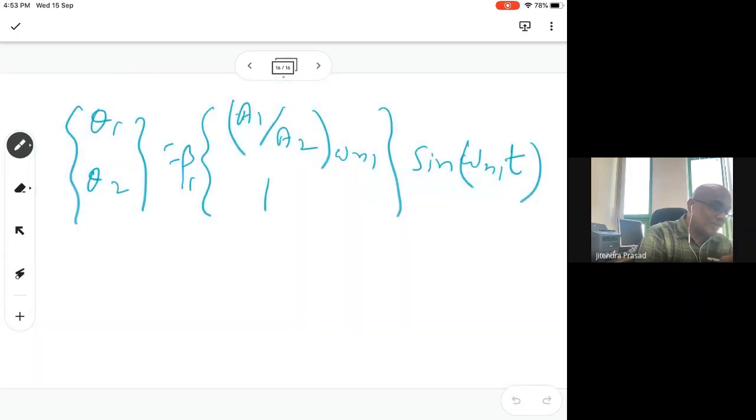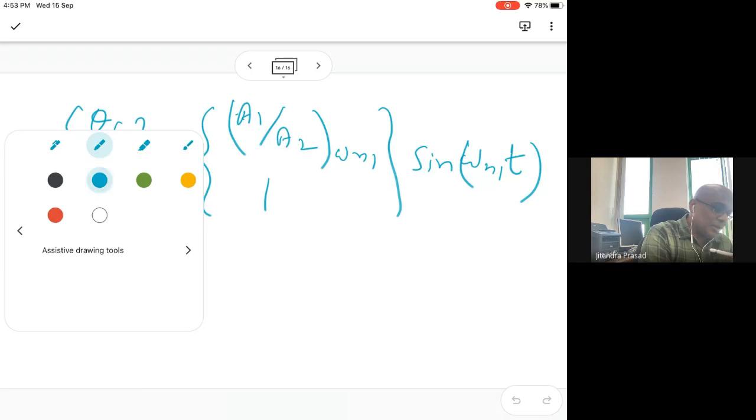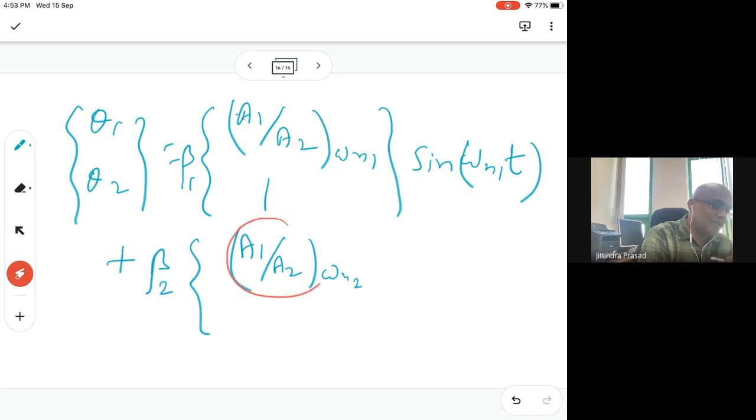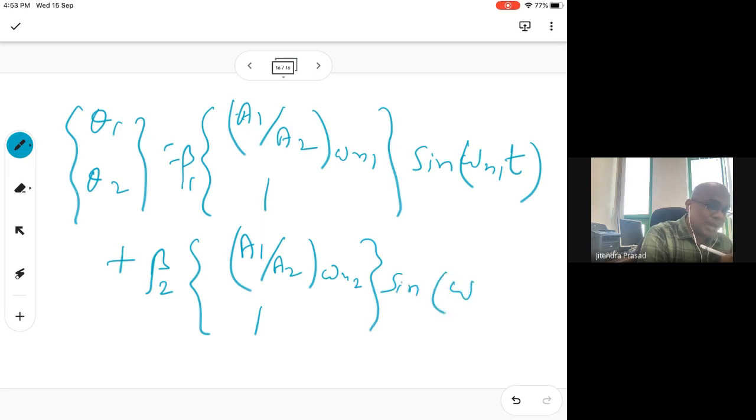So we can write one component plus beta 2 times a1 over a2 for the second eigenvalue, and then 1, and then sine omega n2 t.